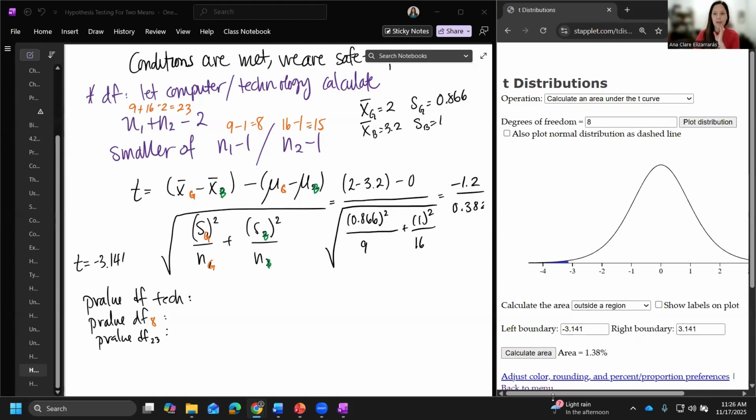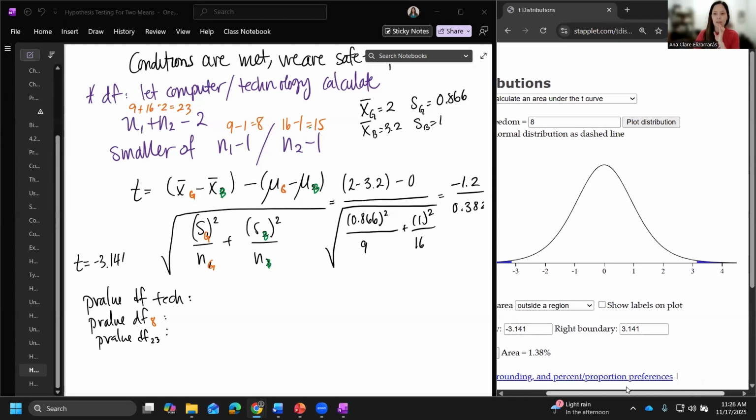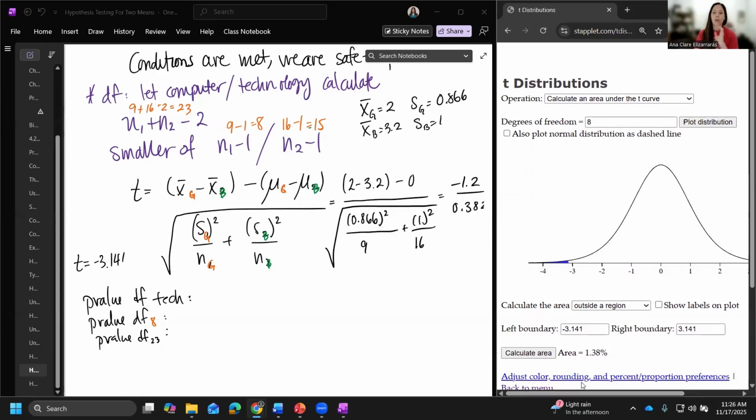Here, we have them duplicated on either side, which is an area of 1.38%. So I'm going to write that as 0.0138. You could also say to the left of negative 3.141, but remember you have to double that because this is a two-tailed test. So you find to the left, but then you double.